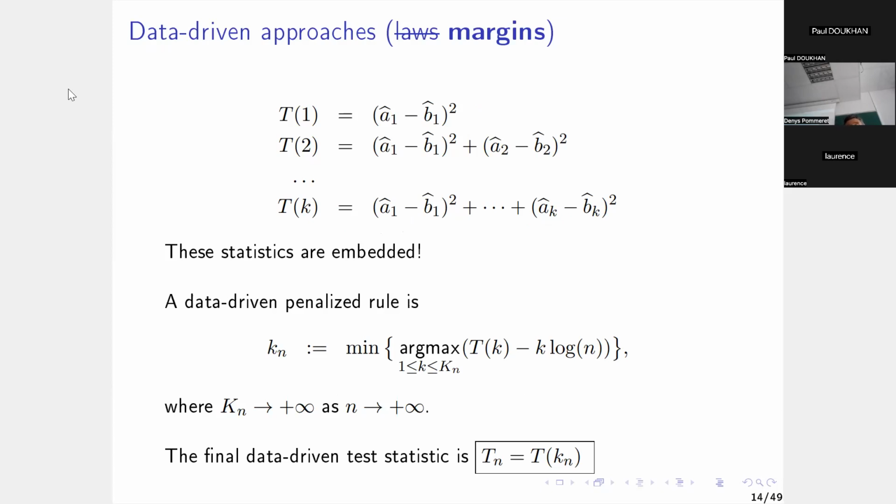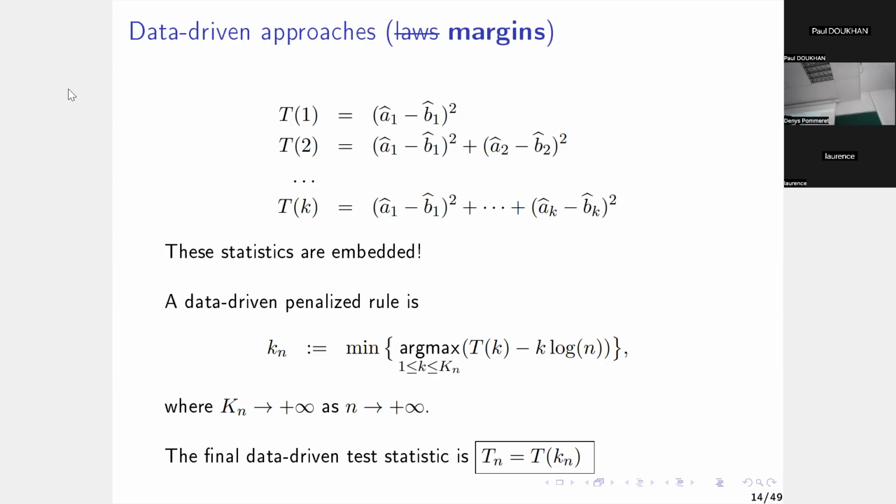So the first statistic is based on the first difference, the first coefficient. The second statistic is not only the second coefficient, but the first plus the second. So it's like if you compare the mean and the variances of the two processes.